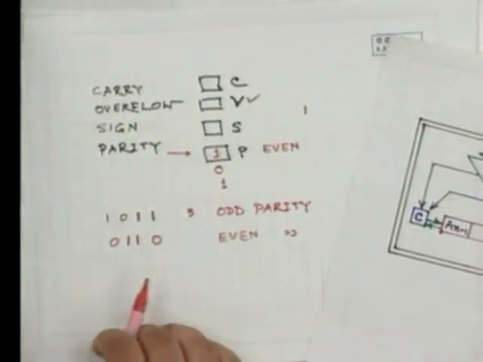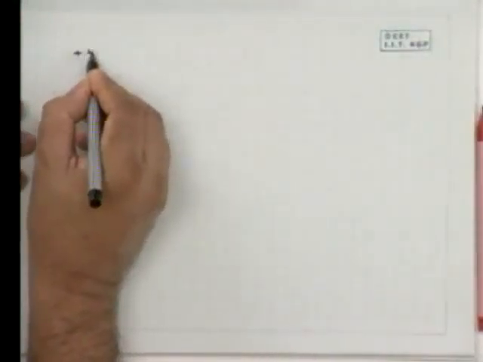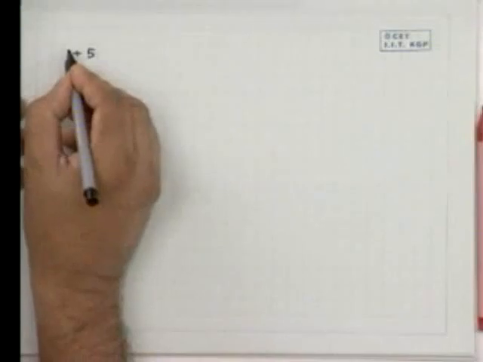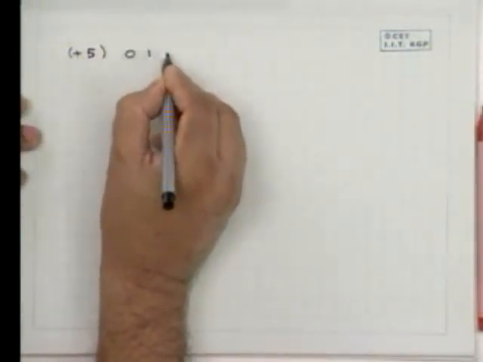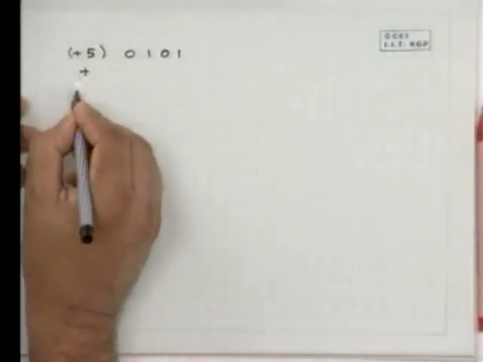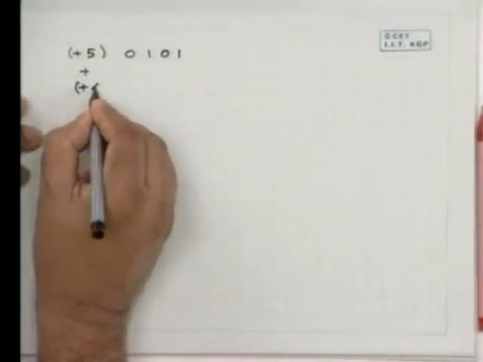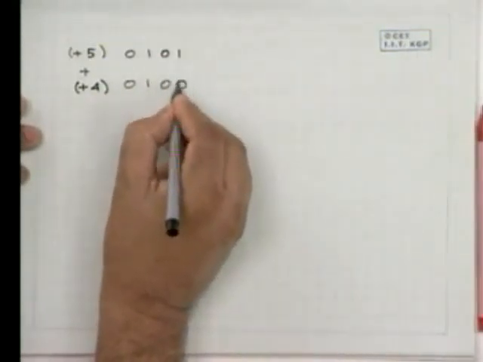Let us take a few examples to show you what the overflow flag does. Say we take the number plus 5, which will be 0101, and say we want to add plus 4, 0100.